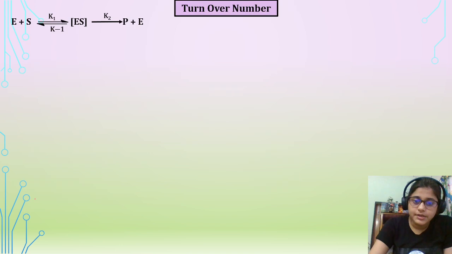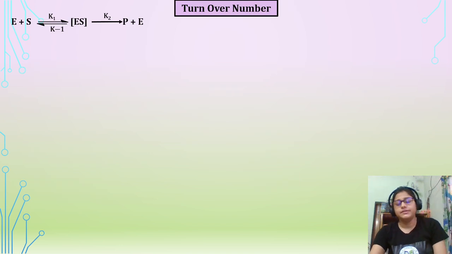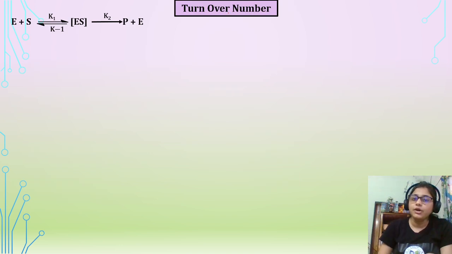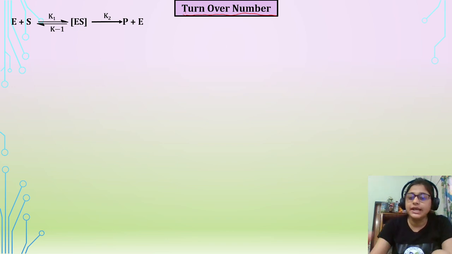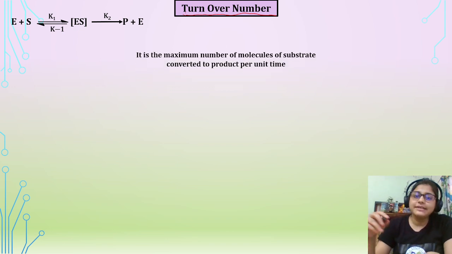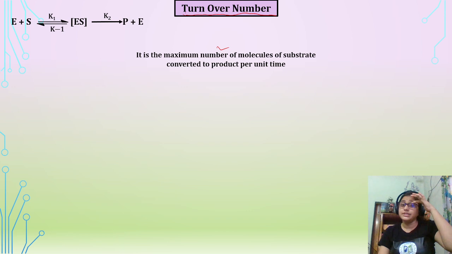Okay, now the turnover number, this is also a very important term when we have to have the idea about enzyme catalyzed reactions. It is the maximum number of molecules of a substrate converted to the product per unit time. Sometimes it is written as turnover frequency or number.